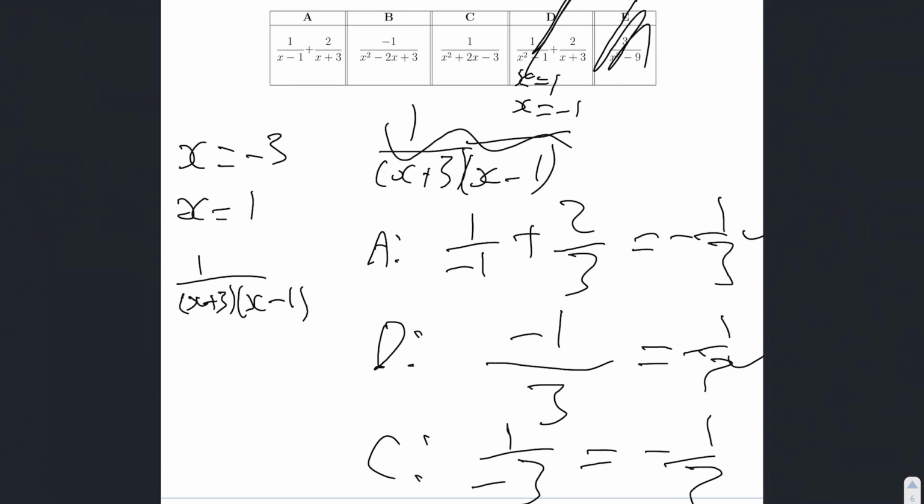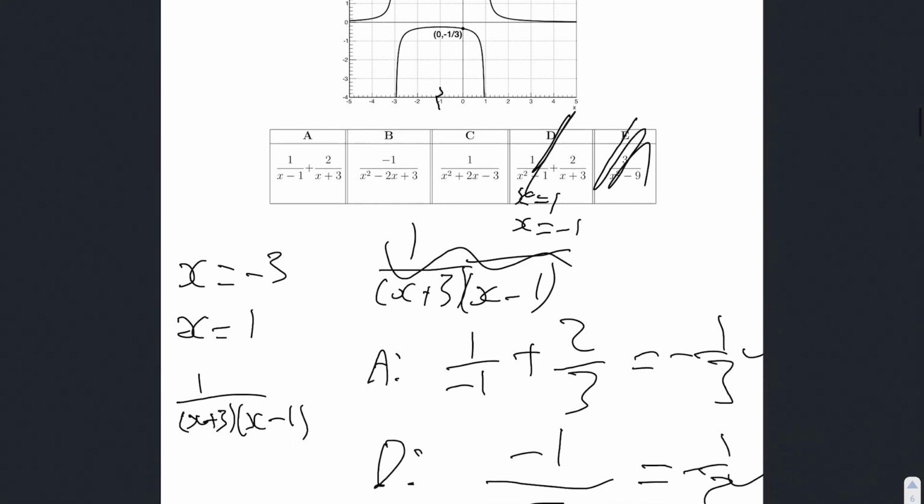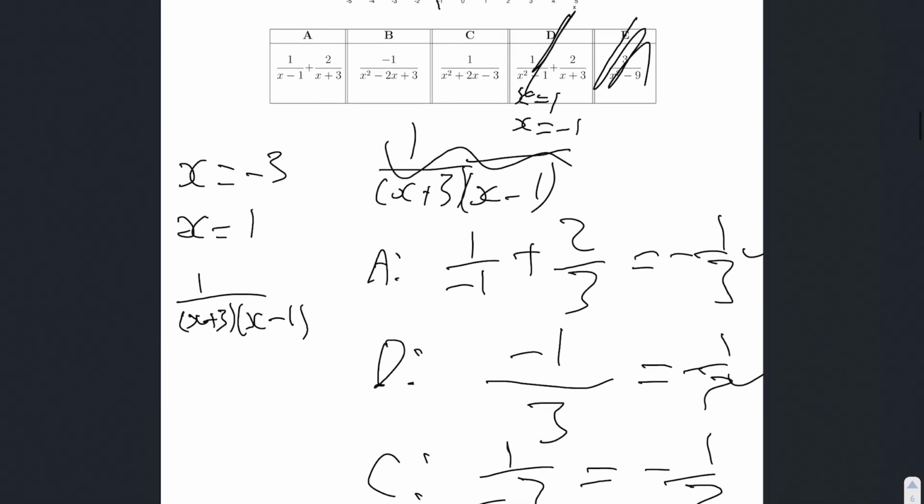What else? Well, for instance, we could check x equals minus 1, and it's going to have to be a little bit higher than minus a third.